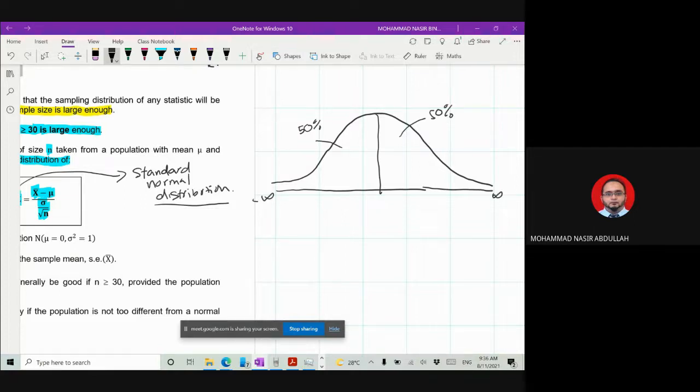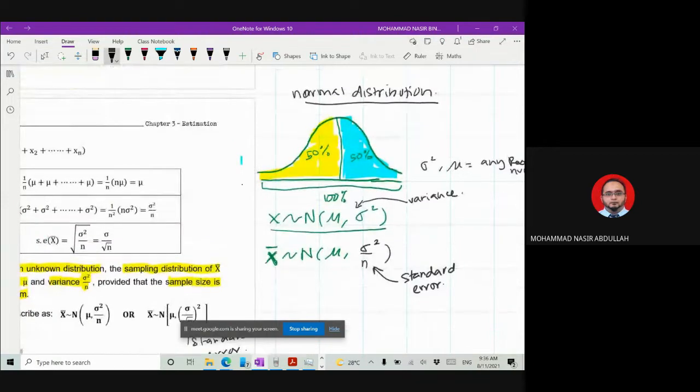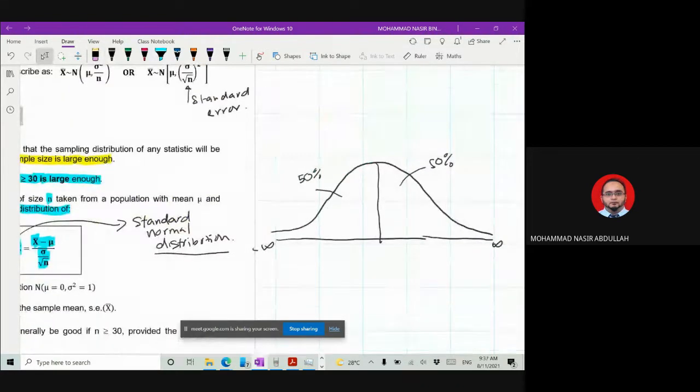The area on the left hand side is equal to the area on the right hand side, from negative infinity to infinity, same as the normal distribution. But the difference between normal and standard normal distribution is that the mean is equal to 0 and the standard deviation is equal to 1.